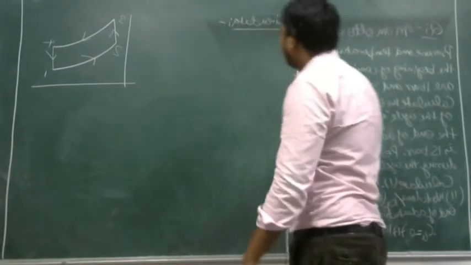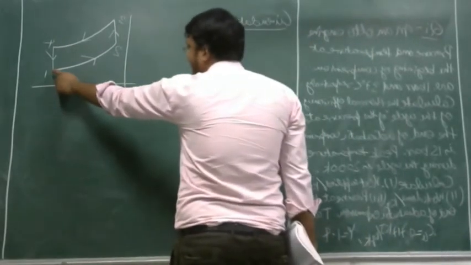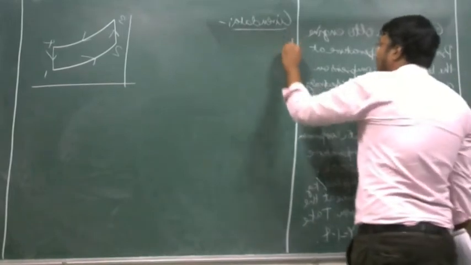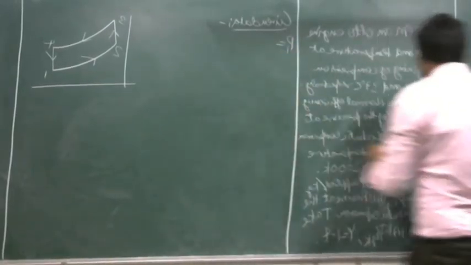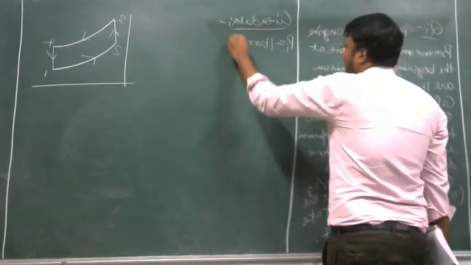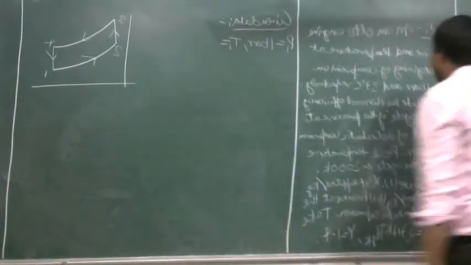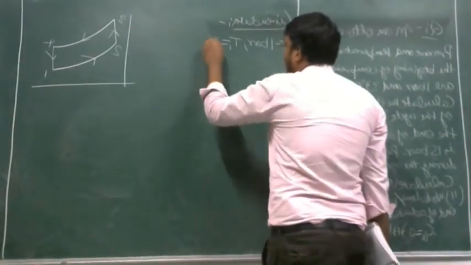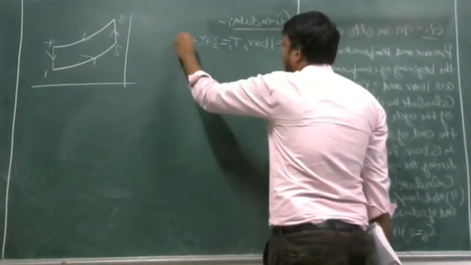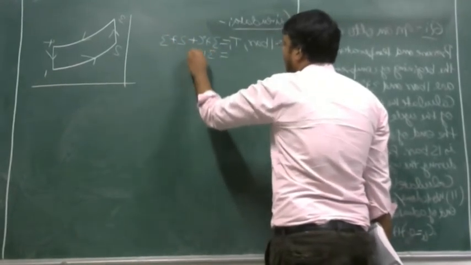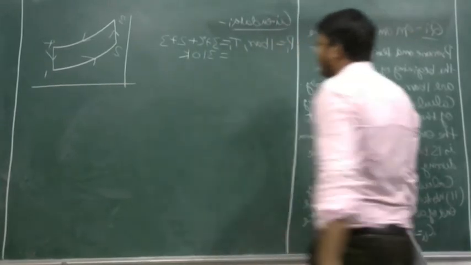Compression begins at point 1, so at point 1, pressure and temperature are given. P1 is equal to 1 bar and T1 is equal to 37 degrees Celsius. Convert it into Kelvin, so it will become 310 Kelvin.